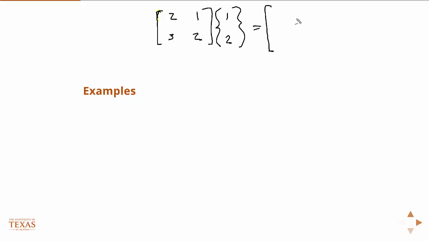So let's write it out. Remember, it's the vector 1, 2, take the dot product with the first row of the matrix, right? So that would be 2 times 1 plus 1 times 2.